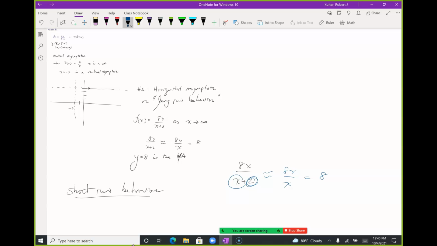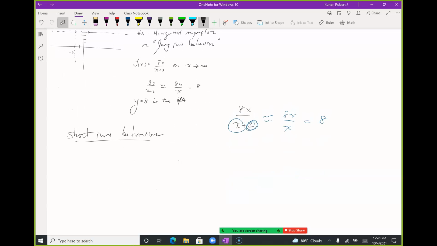And hopefully I'll get to one of those. So short run behavior is my own process. I doubt you've seen it before, but what I want to do is look at what happens when I plug in a zero denominator. So x equals -2 is not in the domain, right?